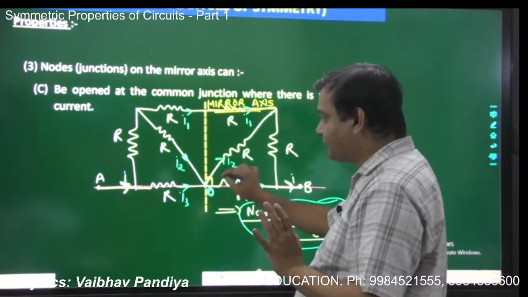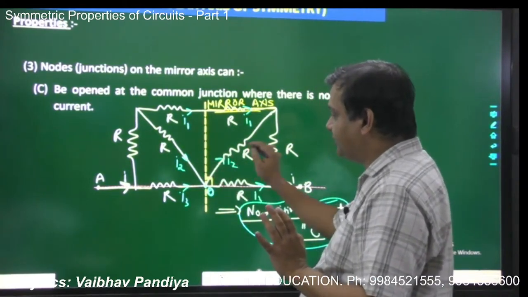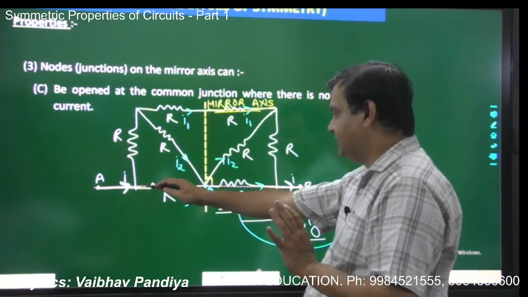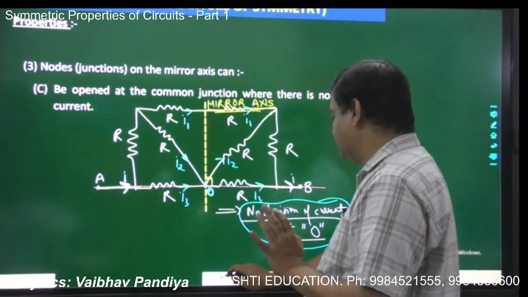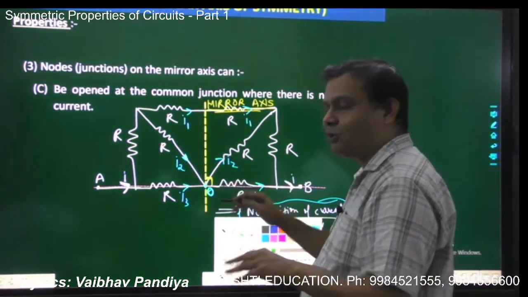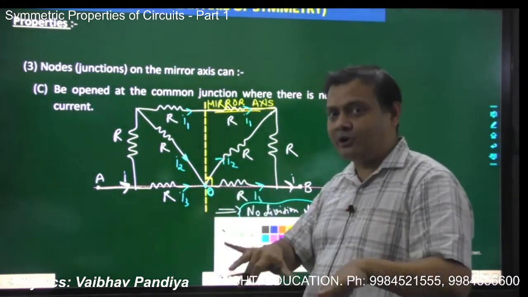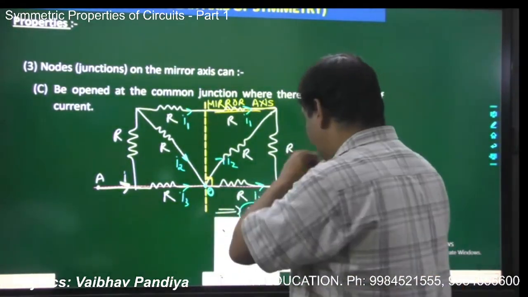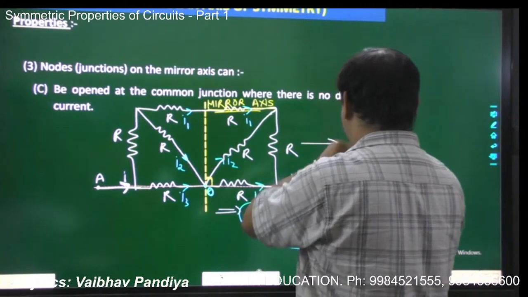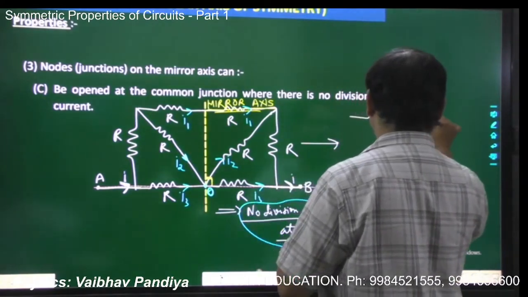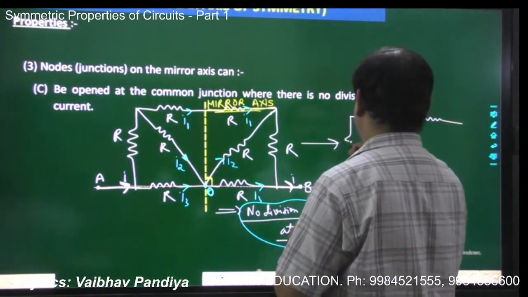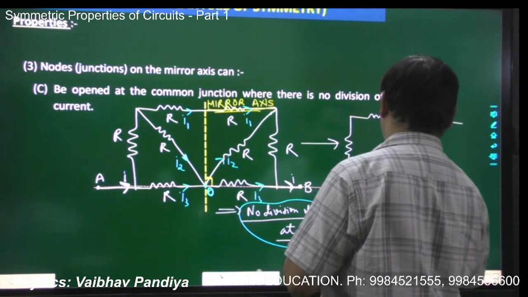But on the basis of symmetry, you can say the whole current coming is going in the upper branch and the whole current coming in this left branch is going in the right branch. So basically, whether O is joined or not joined doesn't matter. So in such a situation, we can make an equivalent circuit, something like this.